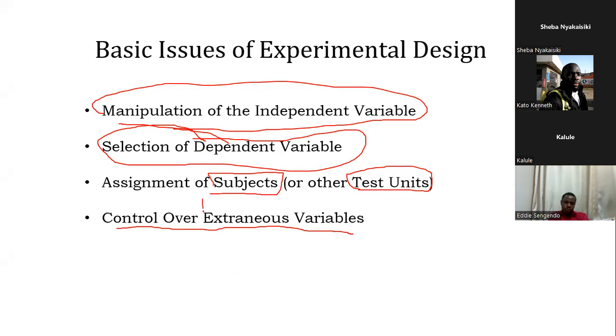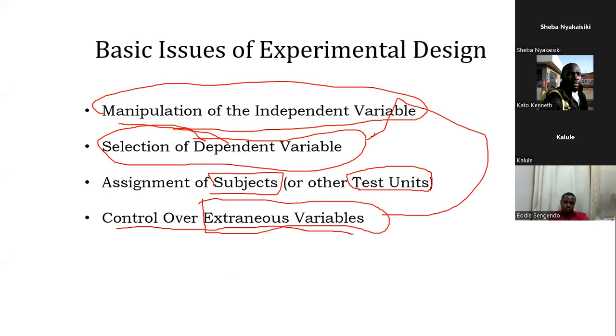So all those are referred to as extraneous variables, which will affect the dependent variable, and they may also change results. So usually with experimental research design, we have to control these extraneous variables.